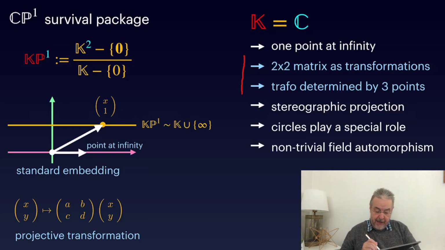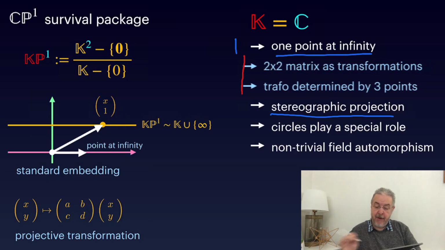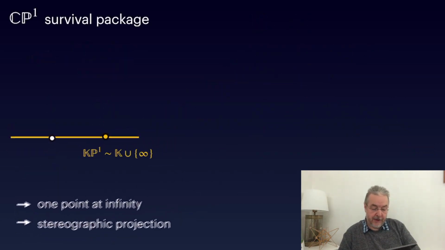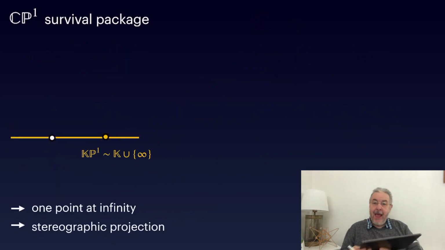So let me take the first point on which I will focus, which is this one point at infinity and the stereographic projection, and give you an image of what is going on there. To do so, I will first step back for a moment and come back to stereographic projection as we had it in our contexts earlier on.